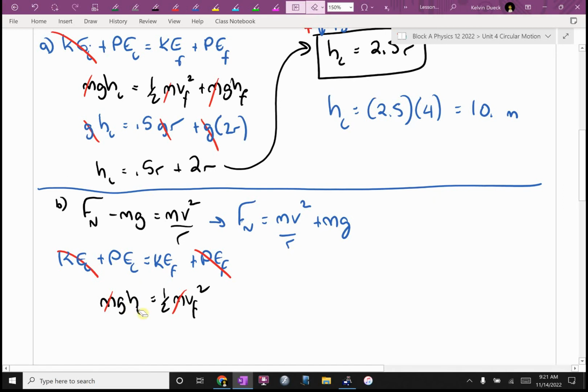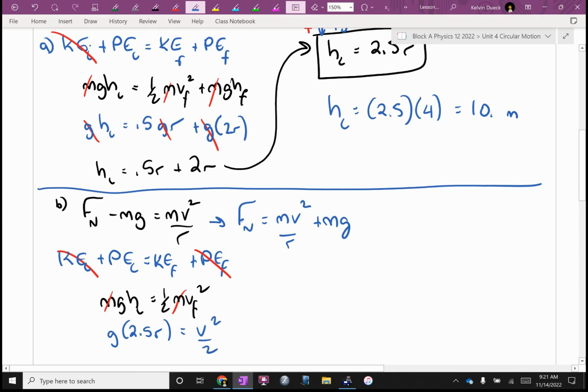What can I replace my initial height with? This is going to be g times 2.5R, which equals v squared over 2.